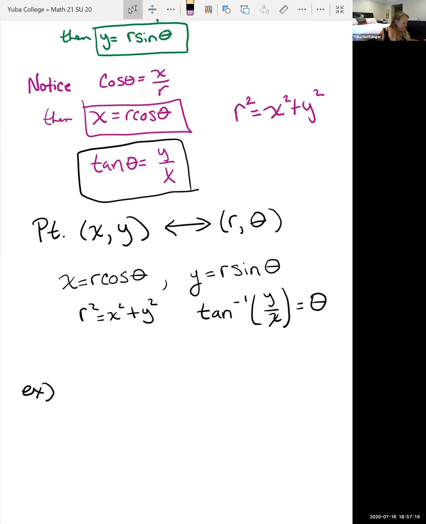Let's say you had -6, negative pi fourths. And I wanted you to, again, plot that and find the rectangular coordinates for the point.